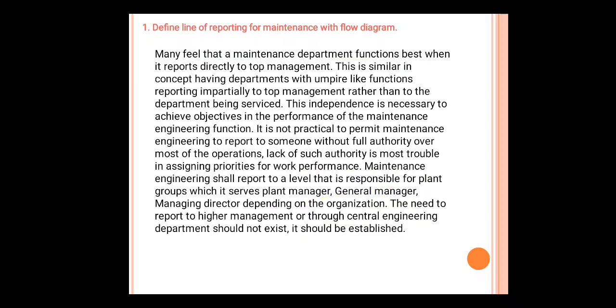Many feel that a maintenance department functions best when it reports directly to the top management.